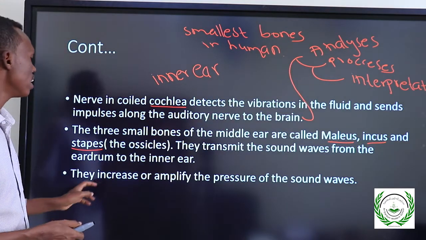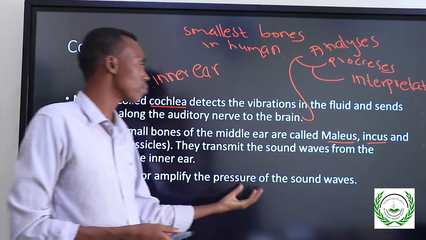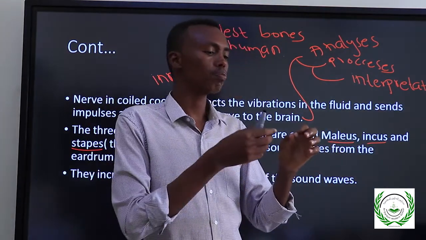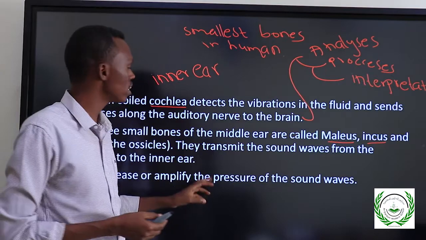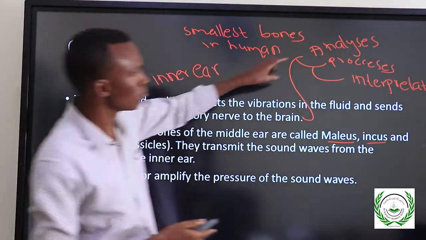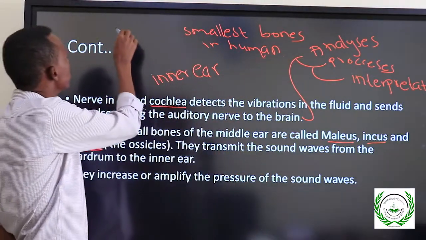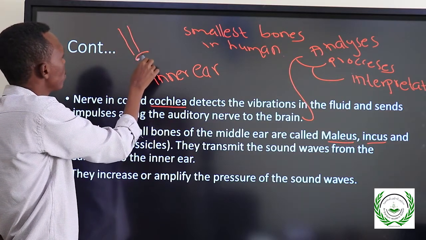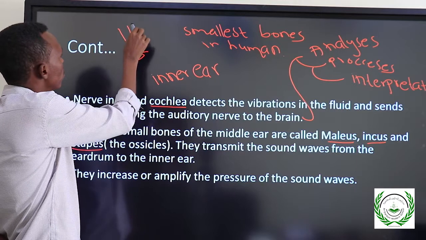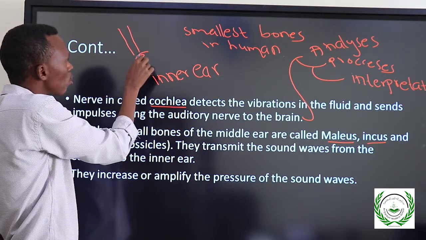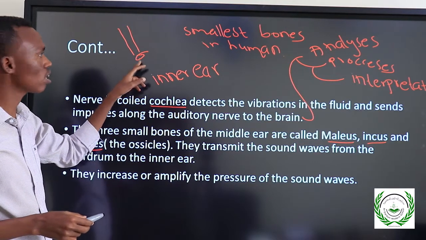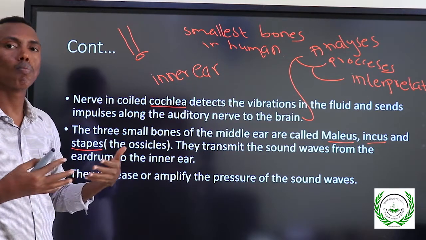They also increase, or amplify, the pressure of the sound waves. For example, here we have a small window, and the sound waves passing across this small window create more pressure.